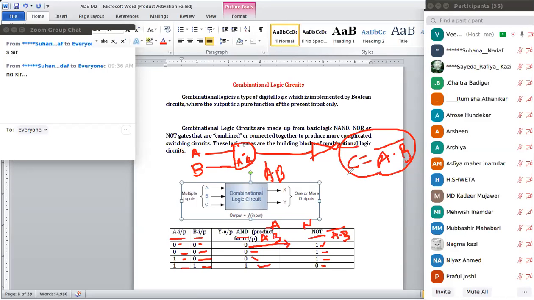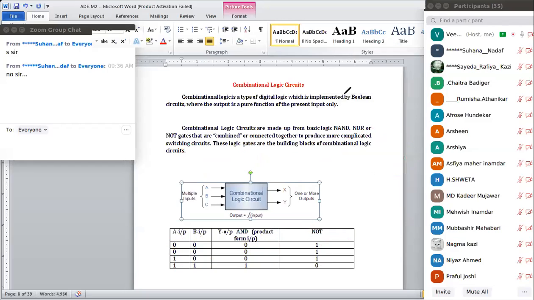So the output is completely dependent upon the inputs only. So combinational logic circuits are a combination of AND, NAND, NOR and NOT gates, where the output is completely dependent upon the present input.